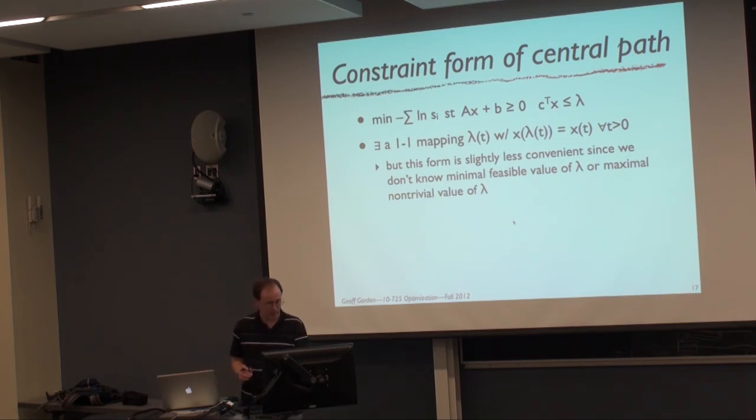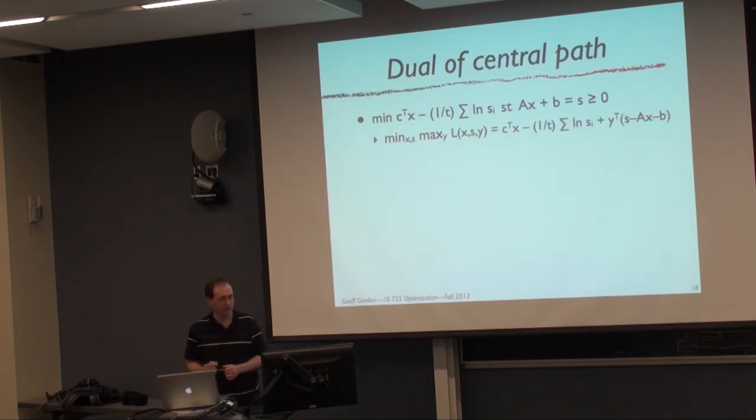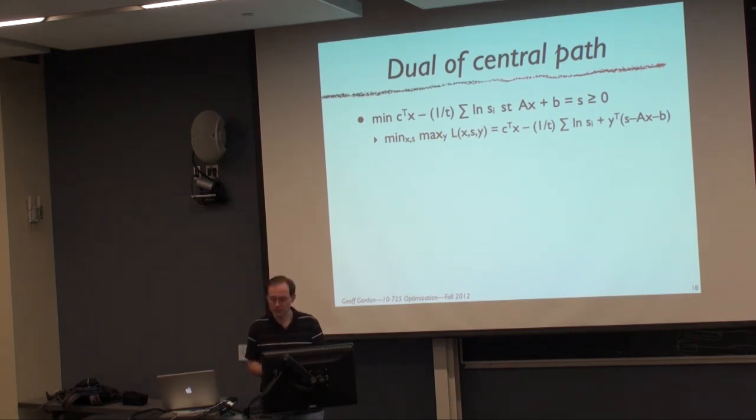All right. We can also, maybe unsurprisingly, take the dual of the central path problem. If you've been paying attention, you're probably not going to be surprised that I'm trying to do that. But it leads to something interesting. So I'm going to write it out that Ax plus b is equal to s, and s is bigger than or equal to 0.